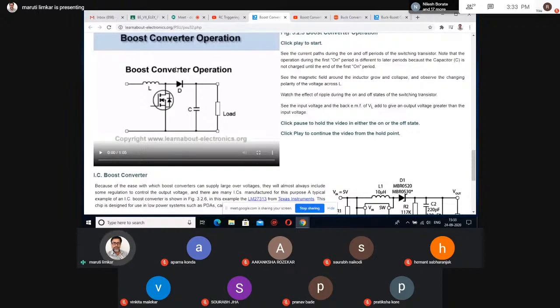Here we have to measure the load current, so in between this you have to keep the current measurement.